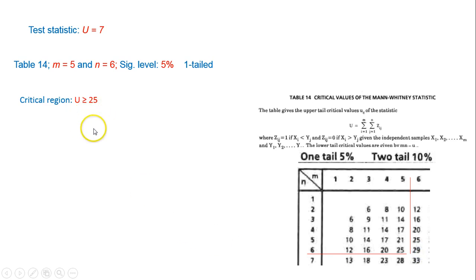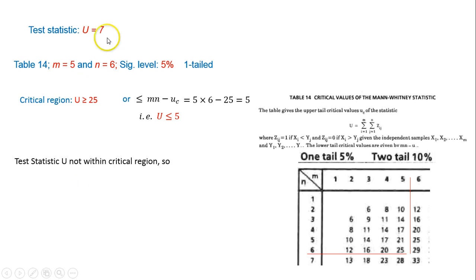So U greater than or equal to 25. Or, for the lower tail, it's mn minus the critical value. So 5 times 6 minus 25 gives us 5. That is, U less than or equal to 5 or greater than or equal to 25. That is the critical region.